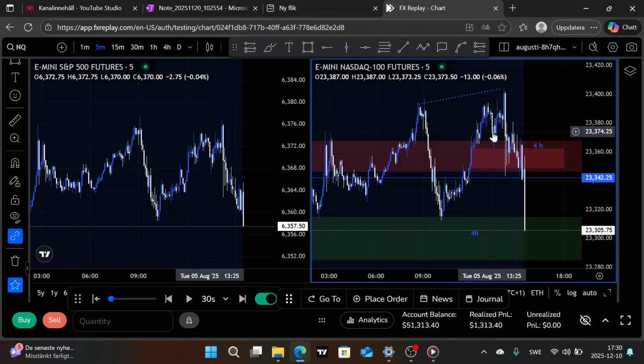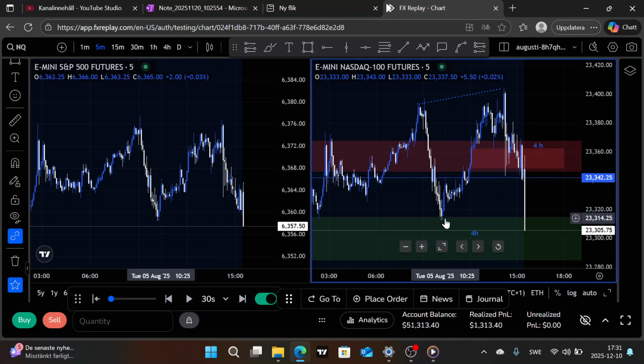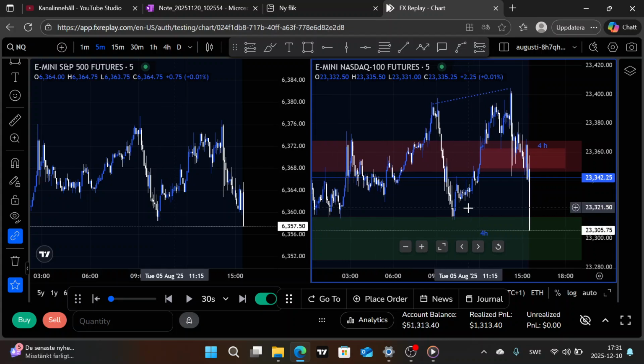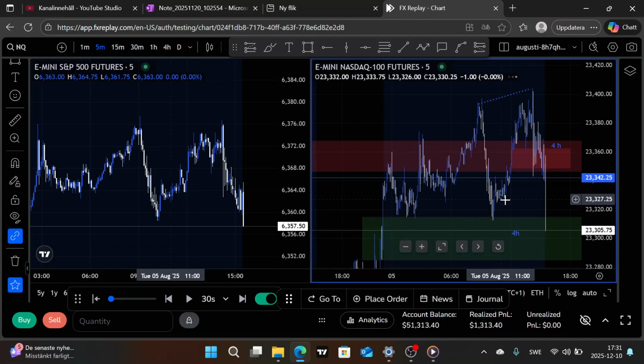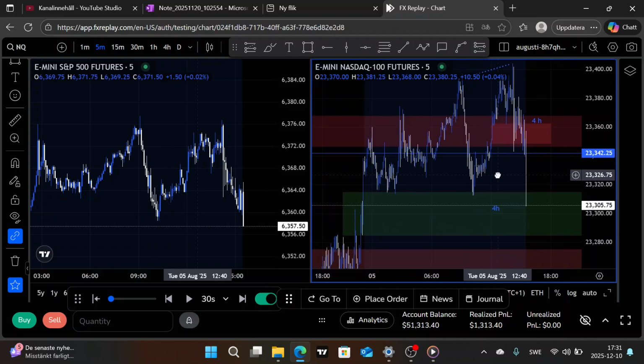I said if this change in state is filled, and this fair value gap gets inversed, then I expect the price to go down here. But in the bigger time frame, in 1 hour, we were quite bullish.